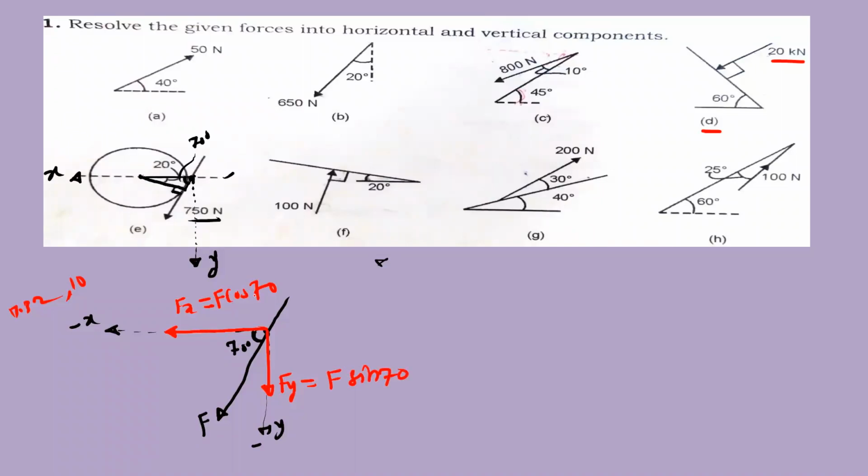This is F cos 70 because this component is adjacent to the angle 70 degrees. Fx is actually negative, so it is minus F cos 70, and Fy is also negative, minus F sin 70. So we can find the exact value. This is minus, and the unit is Newton, and this is also minus.